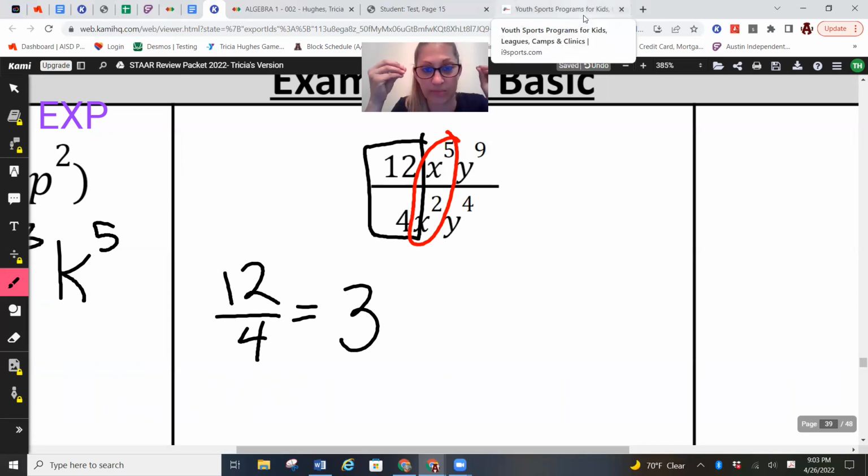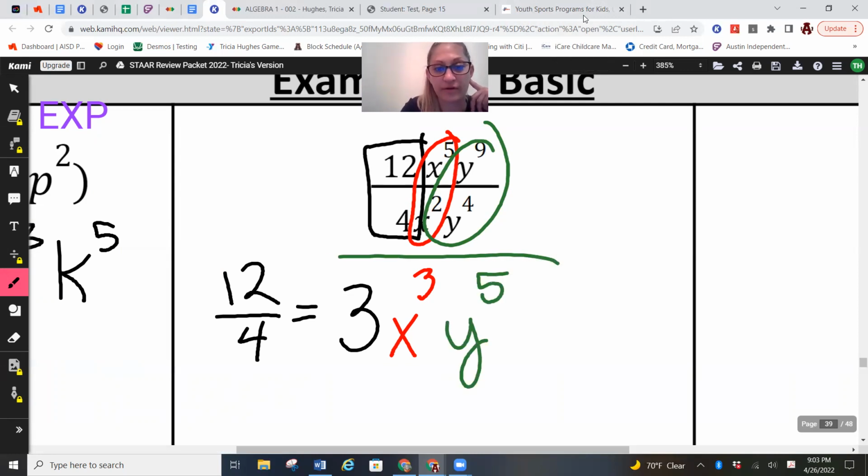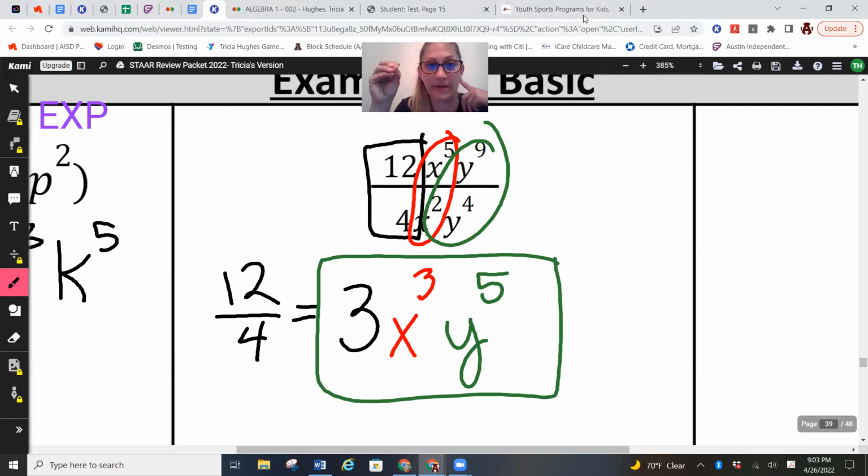You can subtract exponents. These are the same variable. Why? You can subtract exponents. 9 minus 4 is 5. This is a basic example. Divide big numbers, subtract exponents.